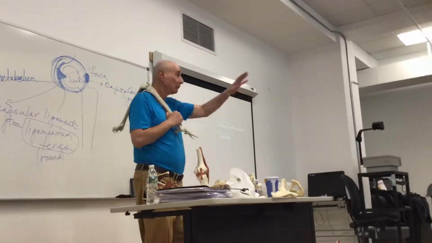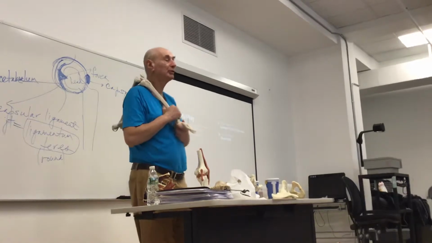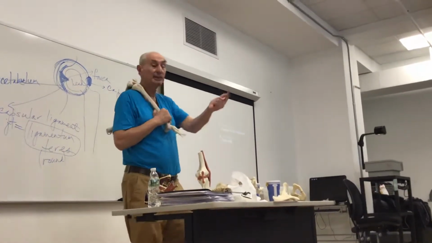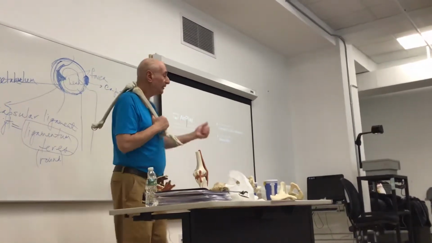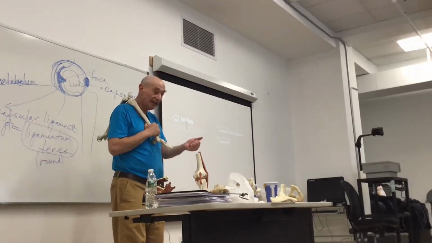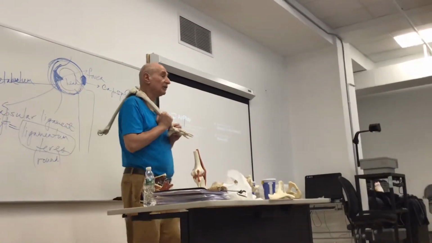Let me give my choices. The tibia and fibula articulate with which tarsal or tarsals to form the ankle joint? A, talus, B, calcaneus, C, both, D, neither.